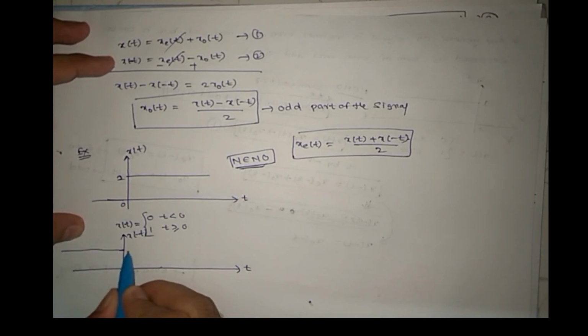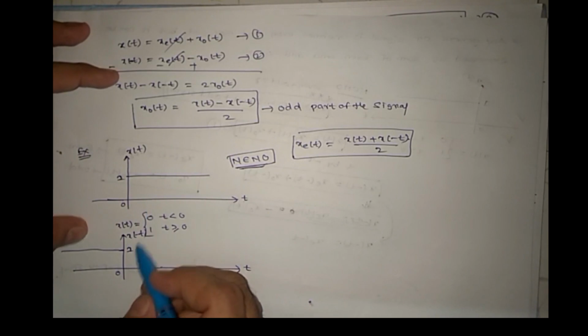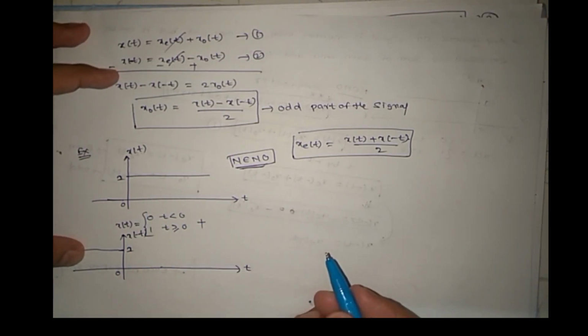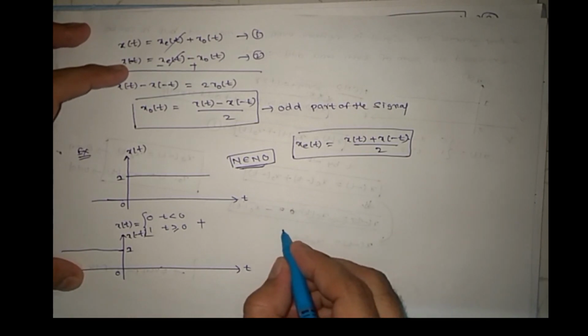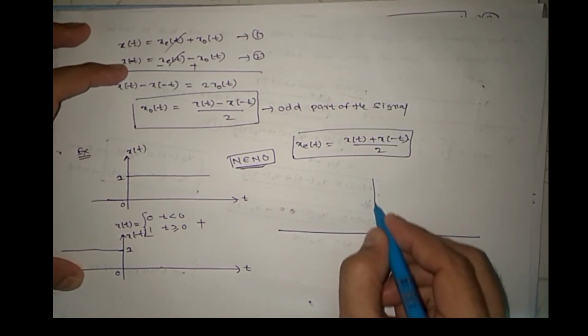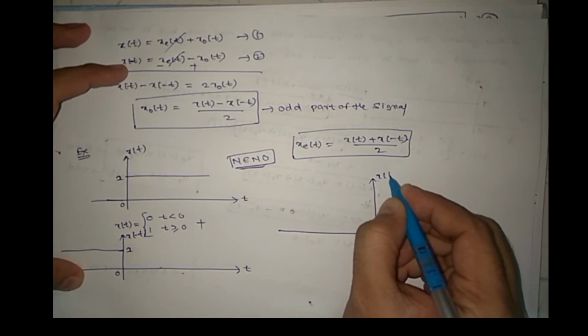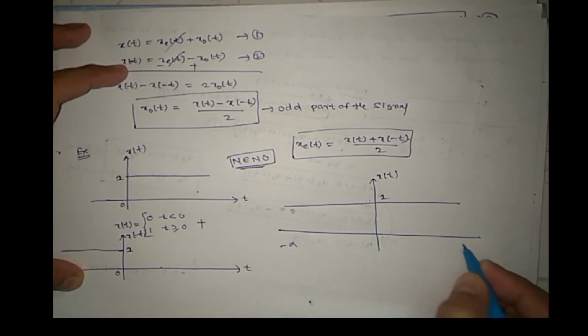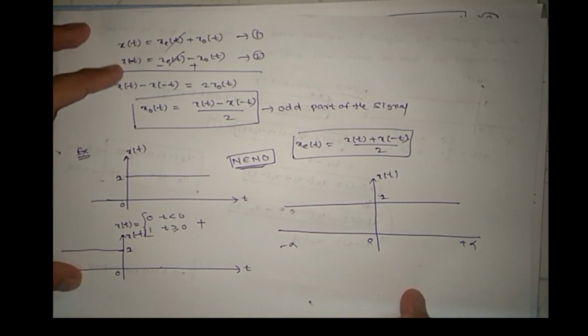I am drawing it like this. Now we need to add these two signals. If we add them, what will come? This will be 1 forever, from minus infinity to plus infinity.